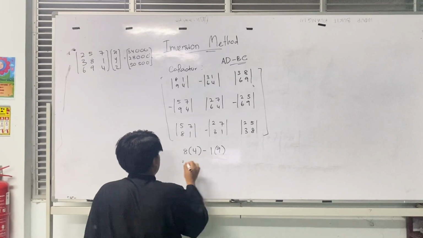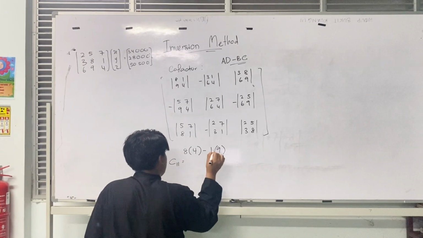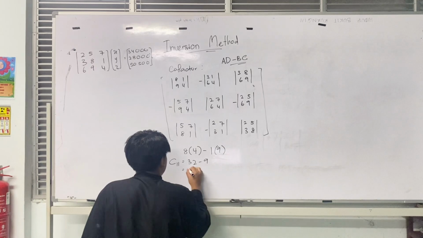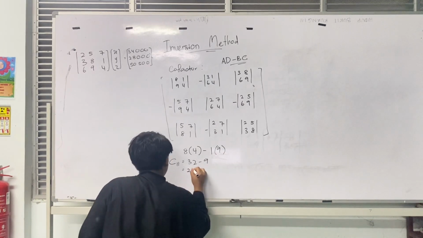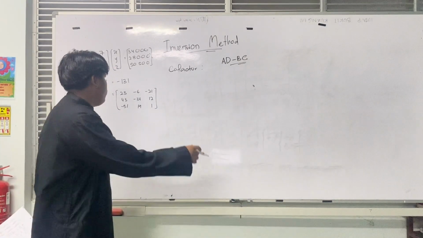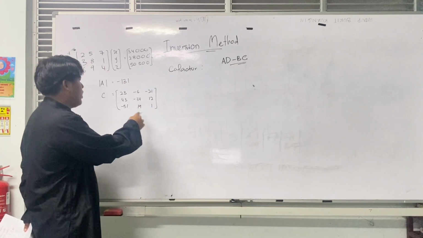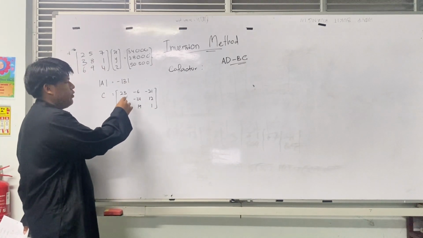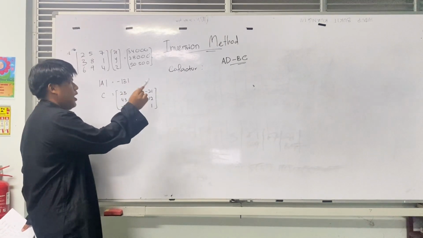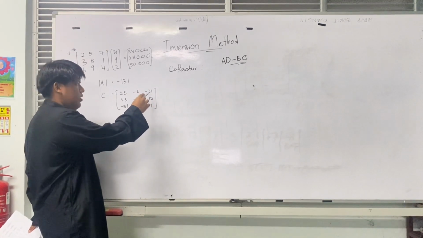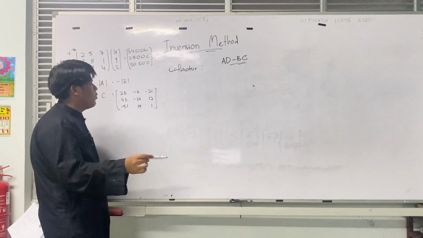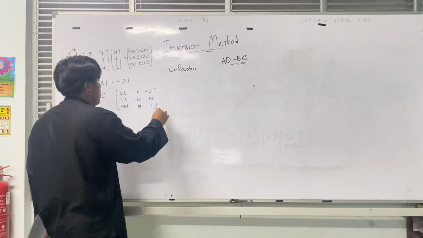So for row 1, column 1, we have 32 minus 9, so we get 23. If we find all the cofactors, for row 1, column 1 is 23, row 1, column 2 is negative 6, and row 1, column 3 is negative 21. So using the same formula AD minus BC, we get all the cofactors.